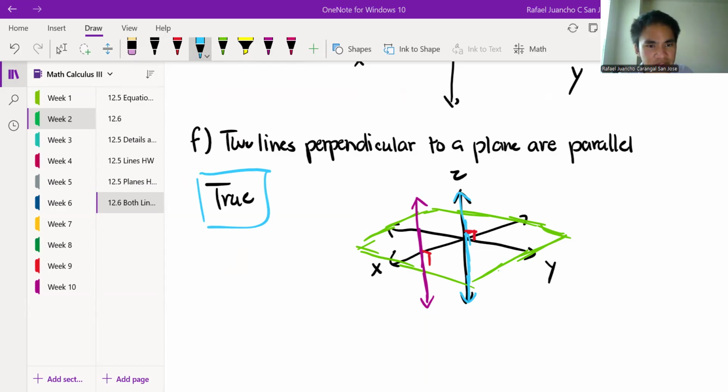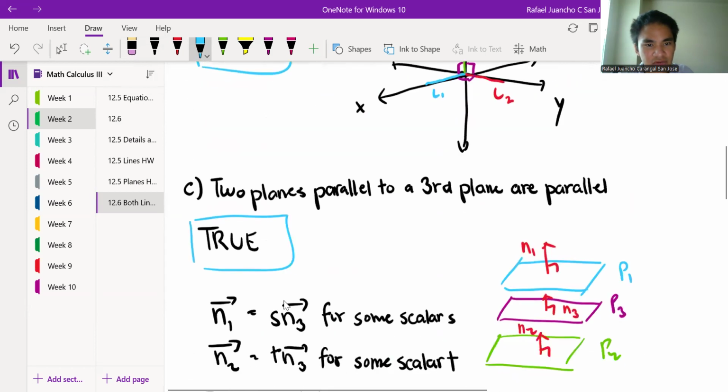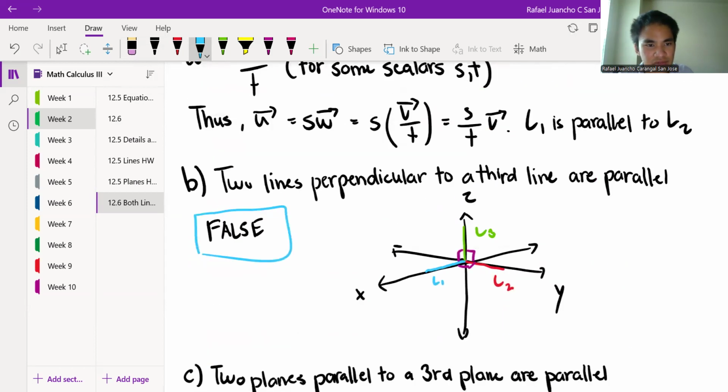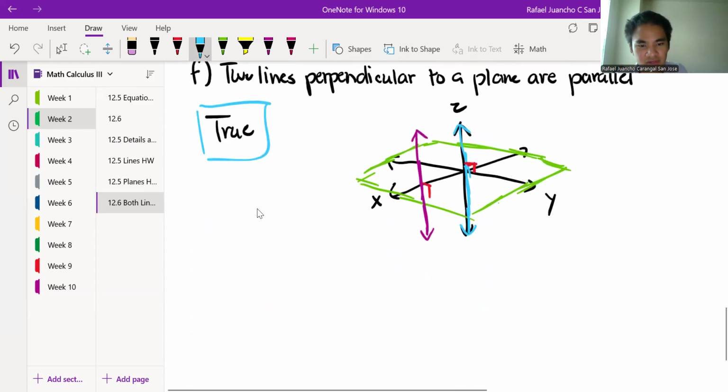I'm gonna double check my answers first. So for A, we have true. For B, false. True, false, true, false, false. Okay, for F, I'm gonna think for F that's true. Yeah, I just feel like it's true.